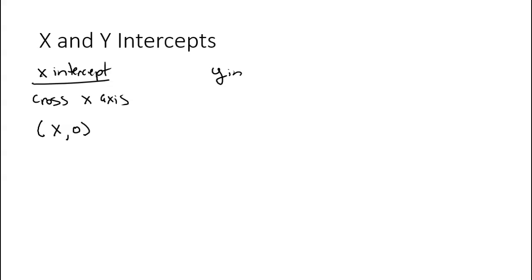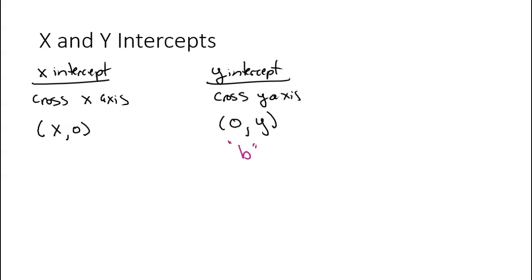Your y-intercept only crosses the y-axis, which means it's going to be 0, comma, a y value. For lines, we're dealing with the b value.